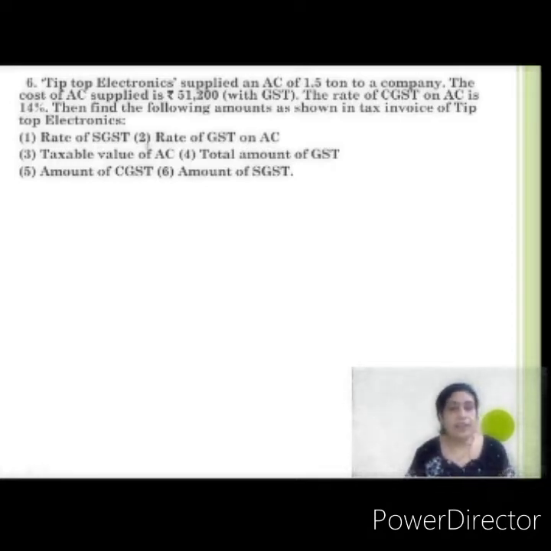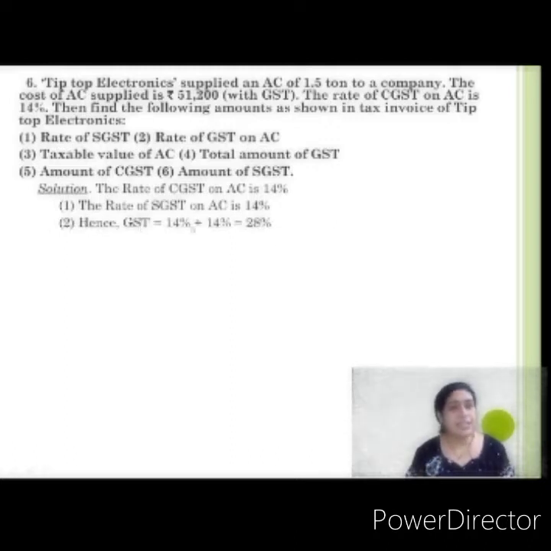The rate of GST on AC will be CGST plus SGST, 14 plus 14, that is 28%. And the taxable value of AC, this you need to calculate. So first let us write down the first answer. The rate of CGST on AC is 14%. So the rate of SGST on AC will be 14%. Hence GST will be 14% plus 14%, that is 28%.